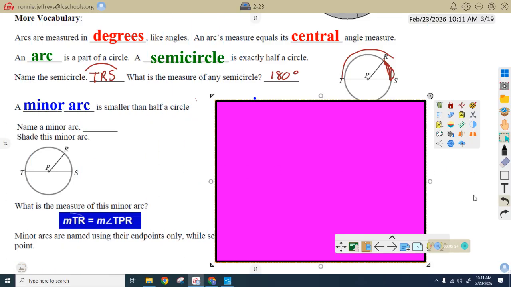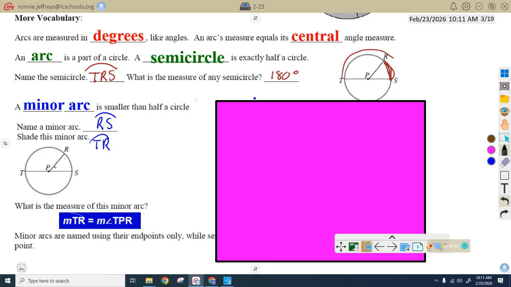So a minor arc would be like that one piece of the pizza that's cut. To name a minor arc, it would be like RS. You could also say TR.